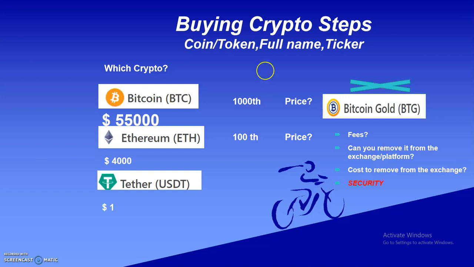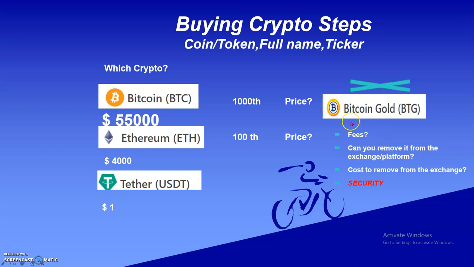We can buy 1,000th of a Bitcoin, 100th of a Bitcoin, 1/10th of a Bitcoin. So it can be fractionalized. Same with Ether, we could buy fractions of it. So don't feel that you don't have access to something or it's too expensive. You can buy fractions of certain coins.